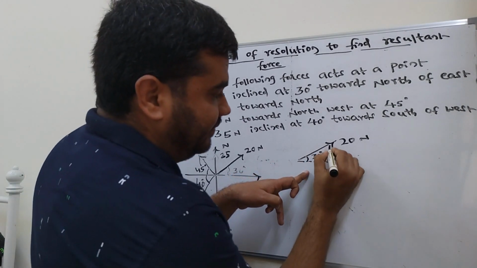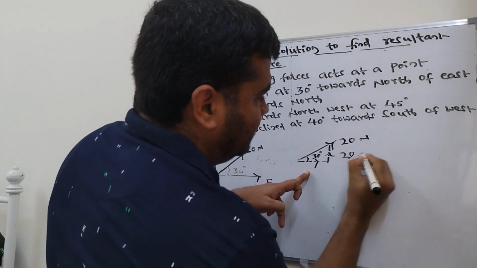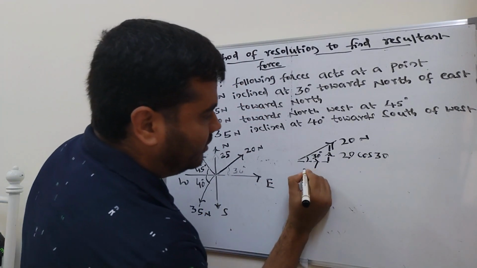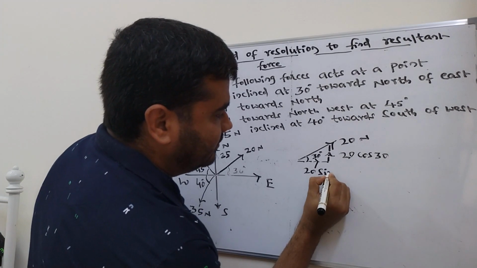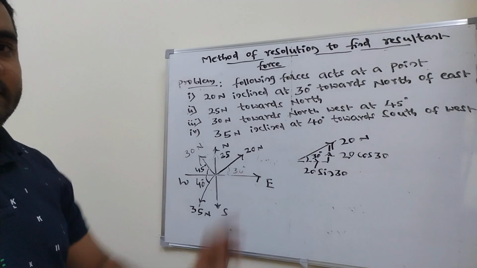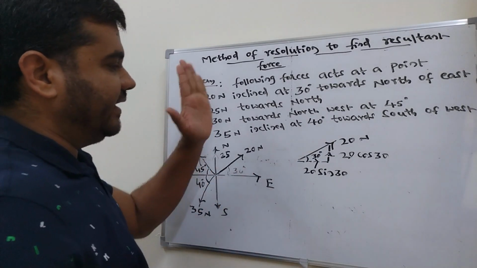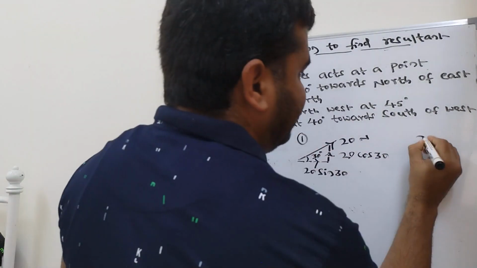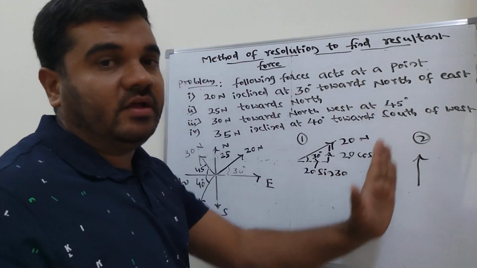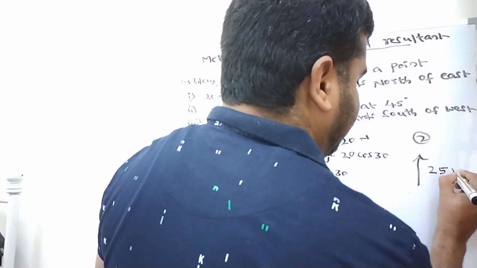So this vertical component is 20 cos 30, and this component is 20 sin 30. You have split it. Now go for the second force. It is exactly vertical, so no need to split; you have only a vertical component, no horizontal component. That is 25 Newton.